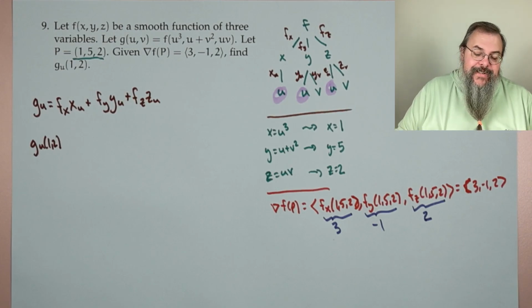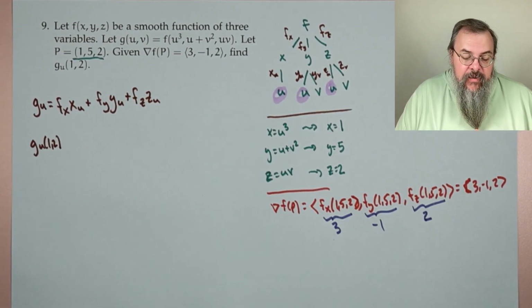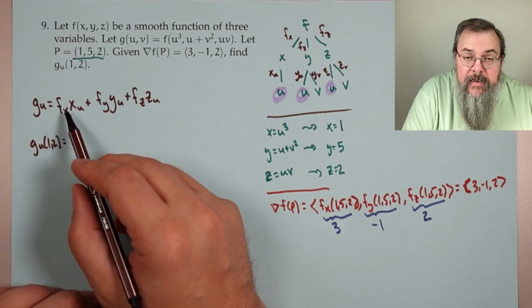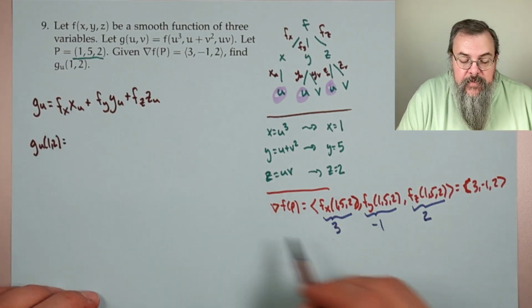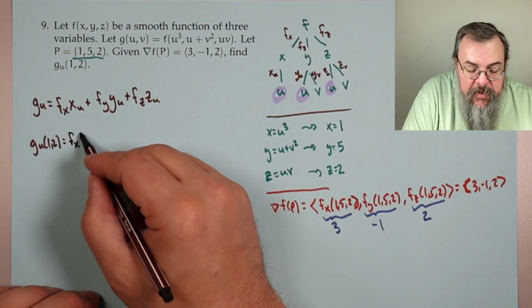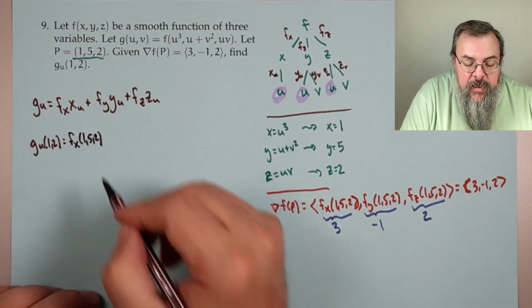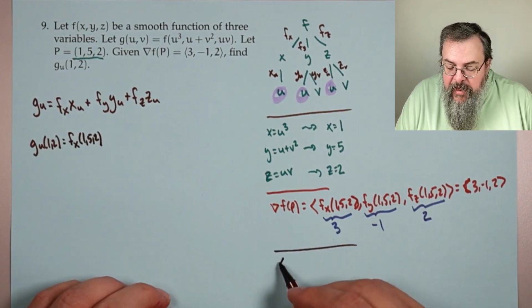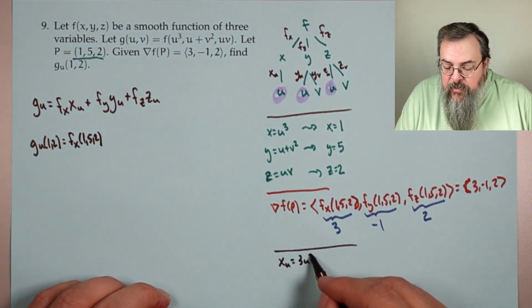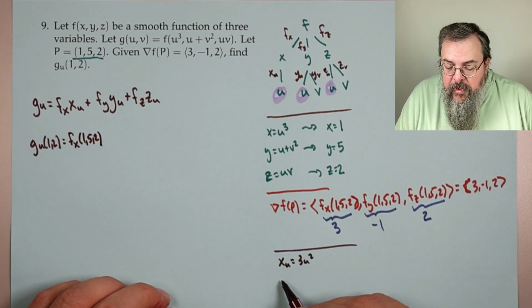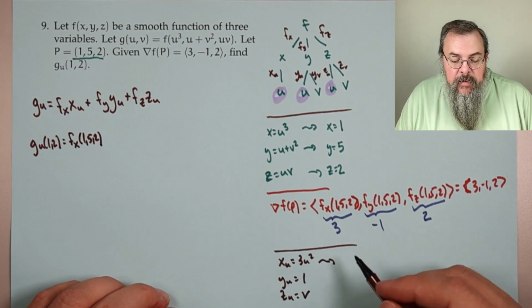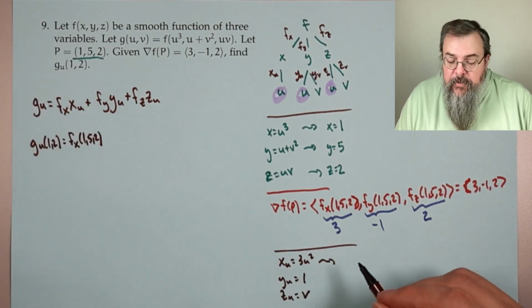All right, so let's put it all in. We're going to get g sub u at 1, 2 is f sub x at P, f sub x at 1, 5, 2, times x sub u. Well, we didn't write that down, so let's write that down. x sub u is 3u squared, y sub u is 1, z sub u is v. Plug it in. We're at u equals 1, v equals 2.